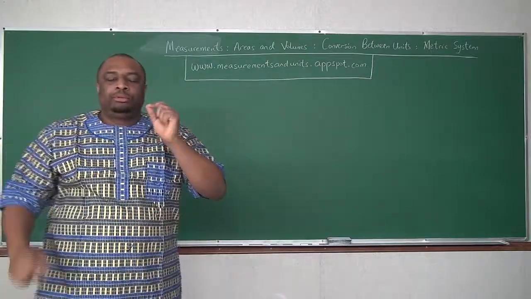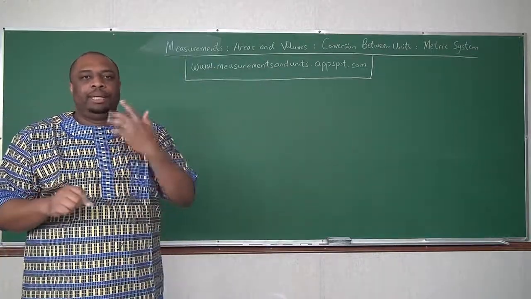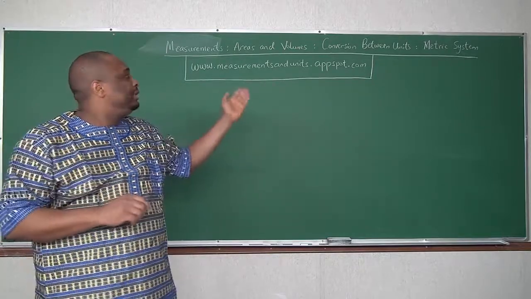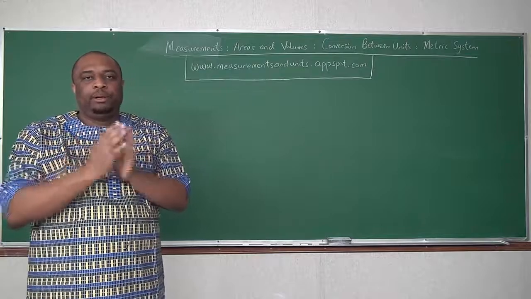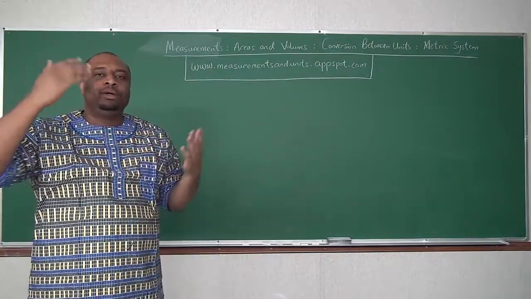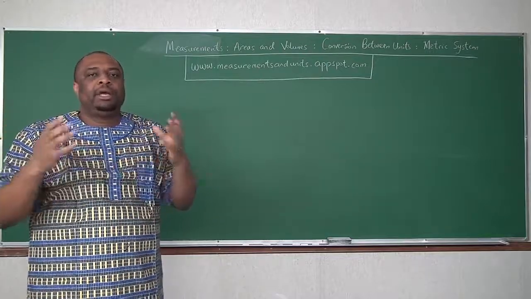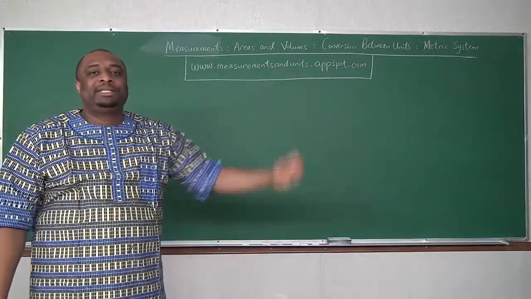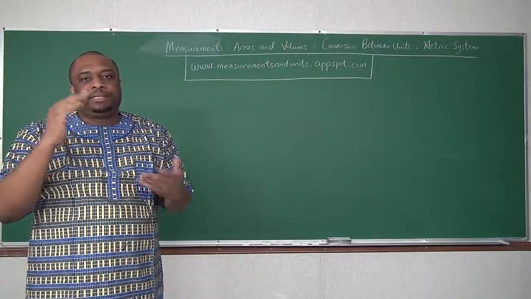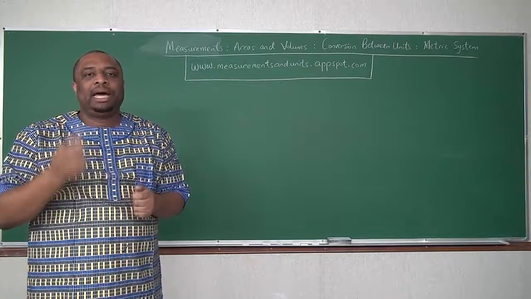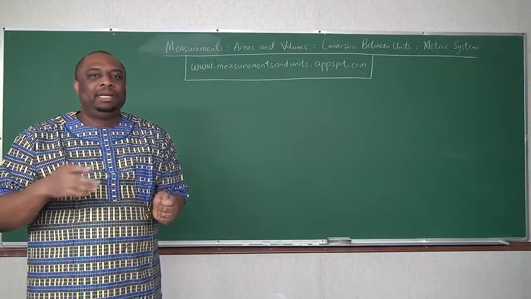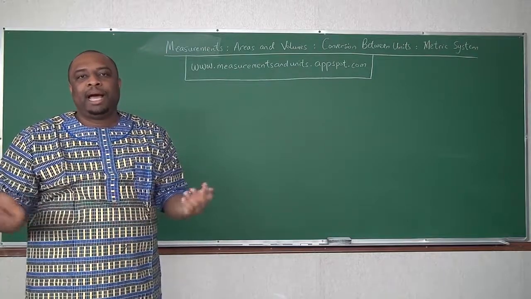Please, before you view this video, it is very important that you have viewed the one on length. You need to know the introduction, what those prefixes mean. With the SI unit or the metric system, the prefixes are the main thing: nano, pico, deci, deca, centi, milli, kilo, mega.